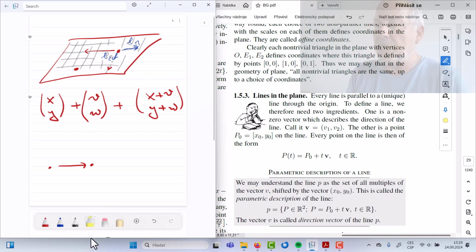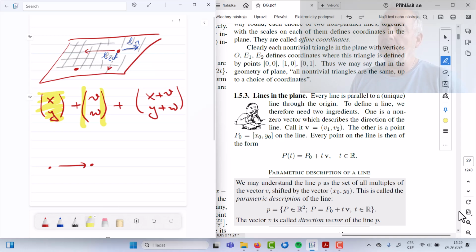But it's important to see that this is a position, while this guy is a change of the position. That's two different things, right? So conceptually it's different. And this way we can define then the basic object in what we call an affine plane.